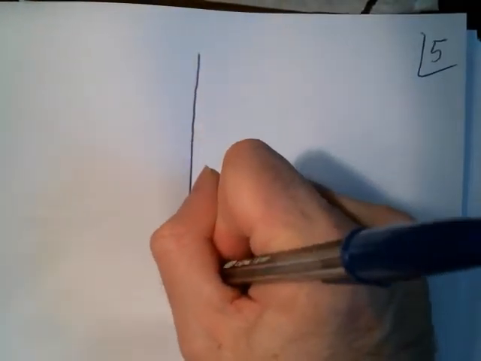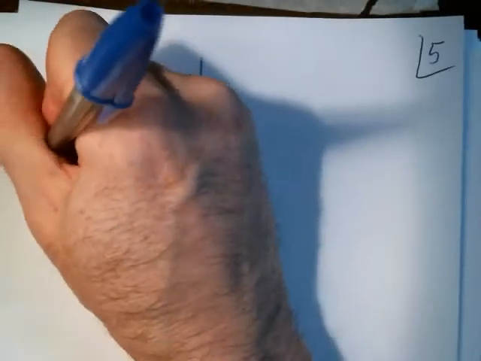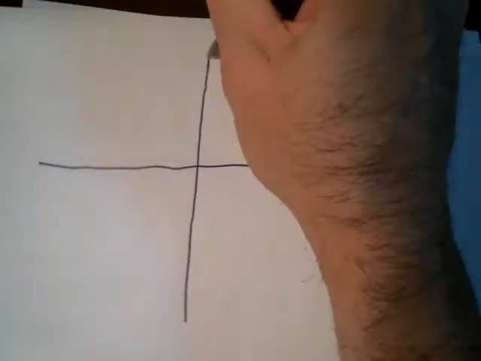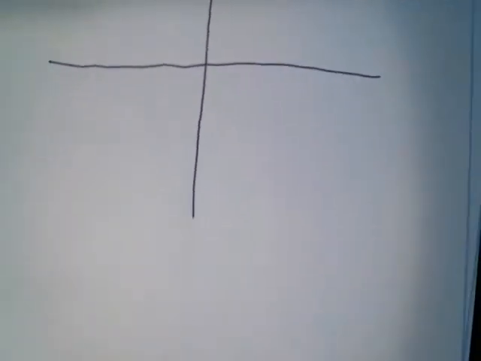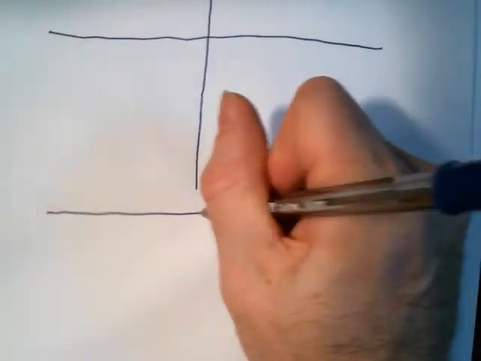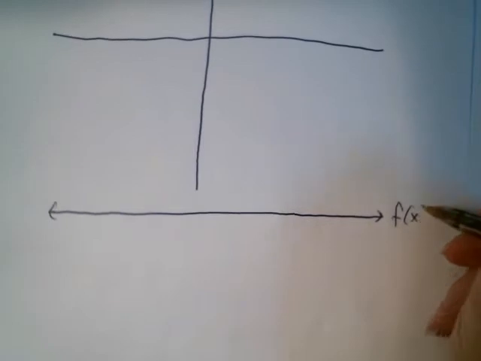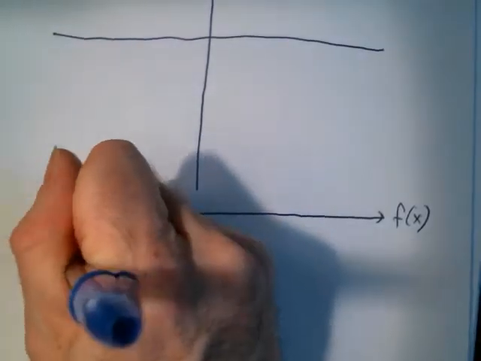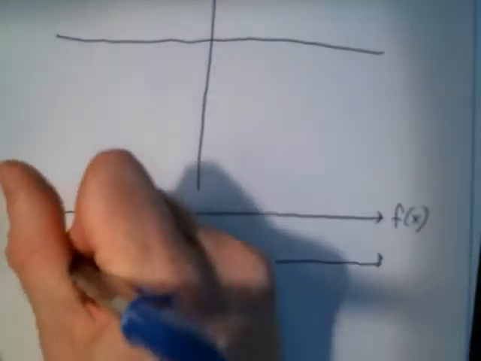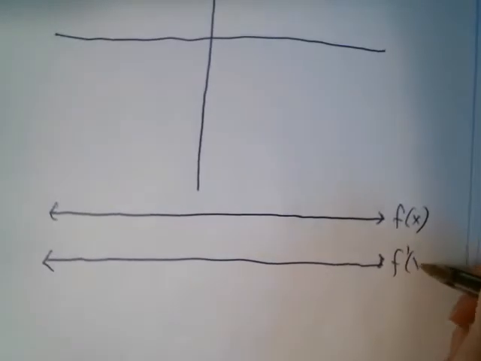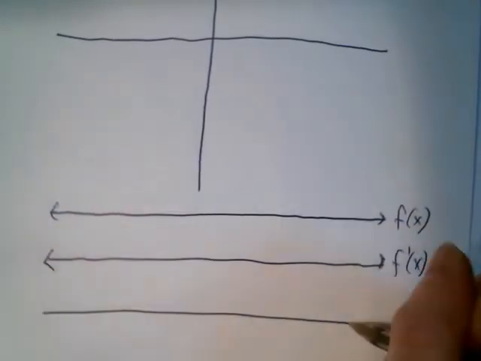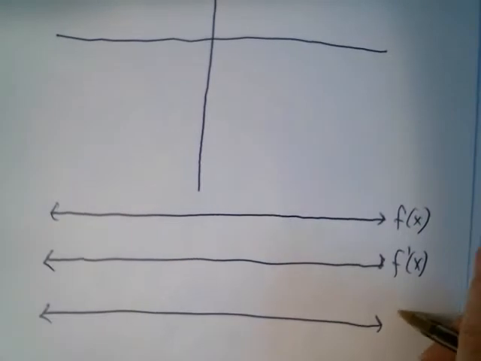And do my XY plane here. And below it, I'm going to put my number lines. So one for f of x, one for f prime of x, one for f double prime of x.